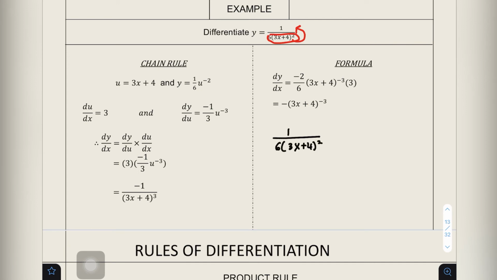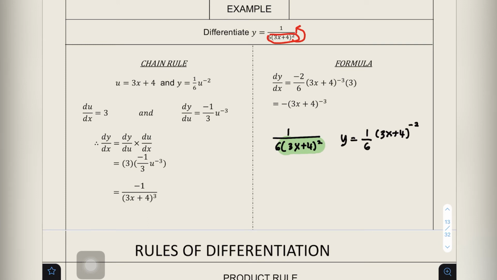The one that you want to bring on top is the one that has the power. 6 just remains in the denominator. Before, the power is positive 2, so when you bring it on top, it will become y equal to 1 over 6 times (3x plus 4) to the power of negative 2.